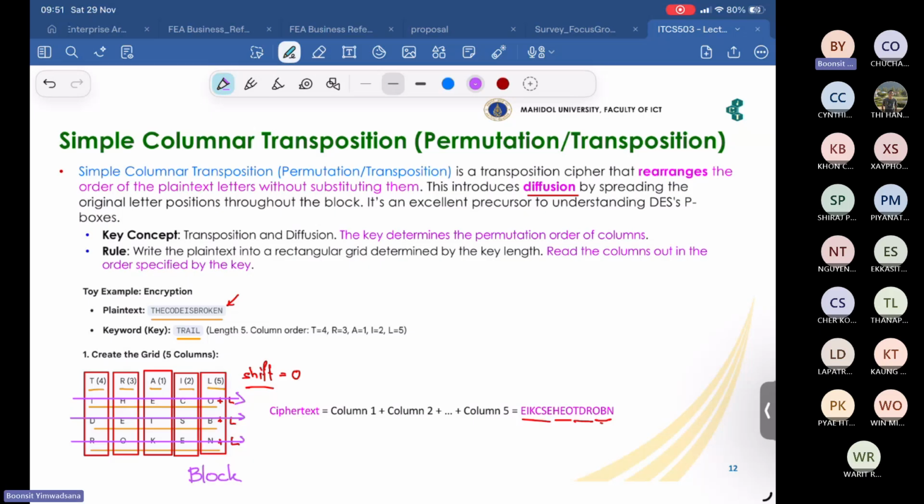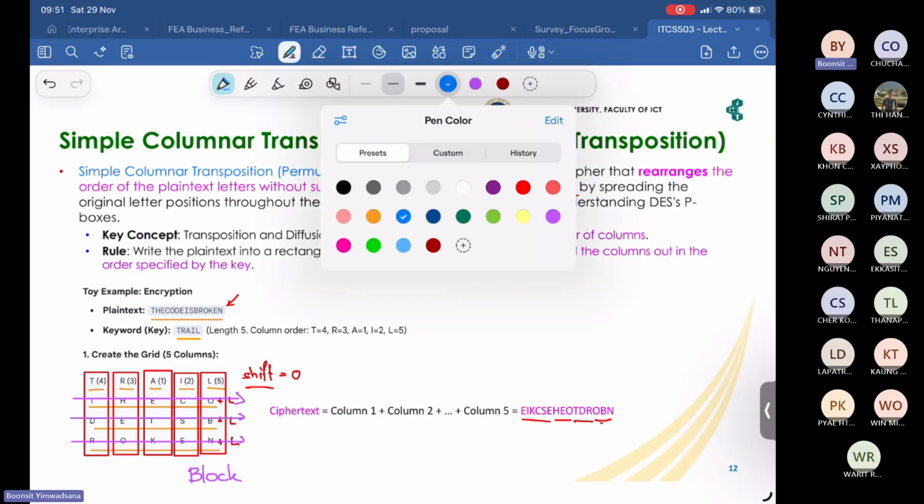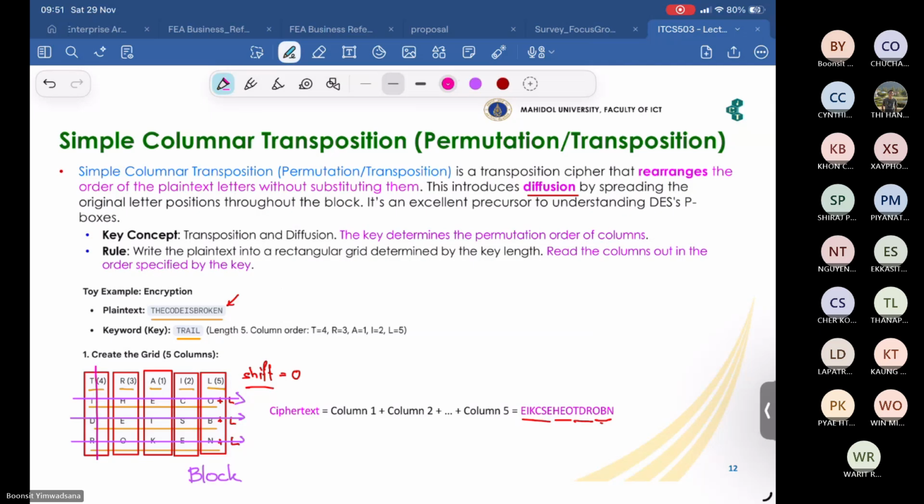We send it one column at a time. We can do this. Or before we actually send, we can combine this with the Caesar cipher or the Vigenere cipher to scramble the characters first, and then we can send this later.